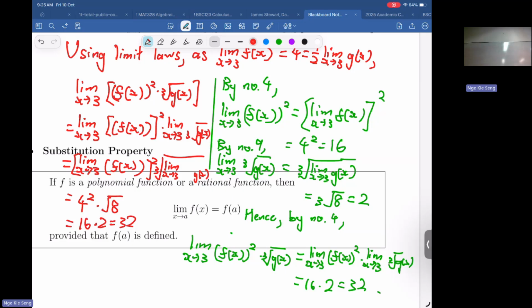On the left-hand side, we try to dissect this function, but why this dissection works is because of the assumption.